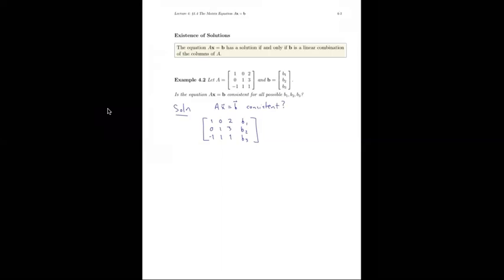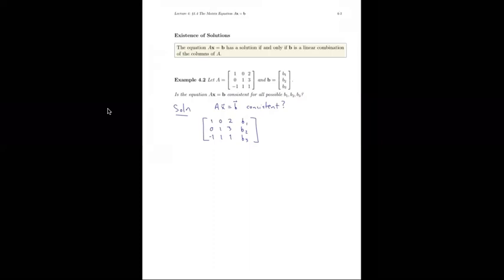Well, consider that the only way for this system to be inconsistent is if we have a non-zero element on the right in any one of these columns on the right-hand side and all zeros leading up to it. In other words, our pivot position is in our augmented column, our rightmost column. That would be a problem. That would be asserting that 0 is equal to a possibly non-zero value.